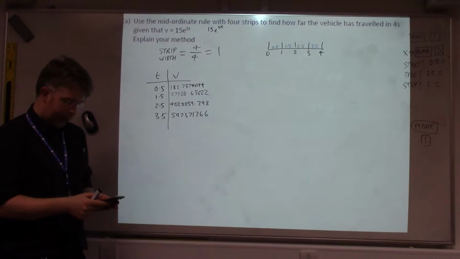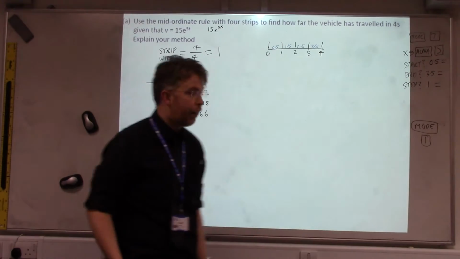Mode 1 will take us back to calculation mode.